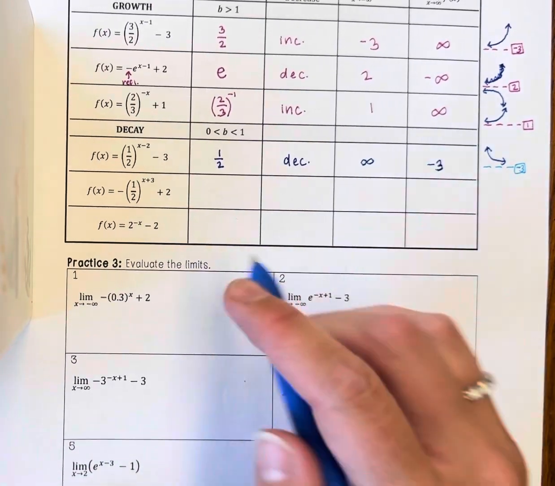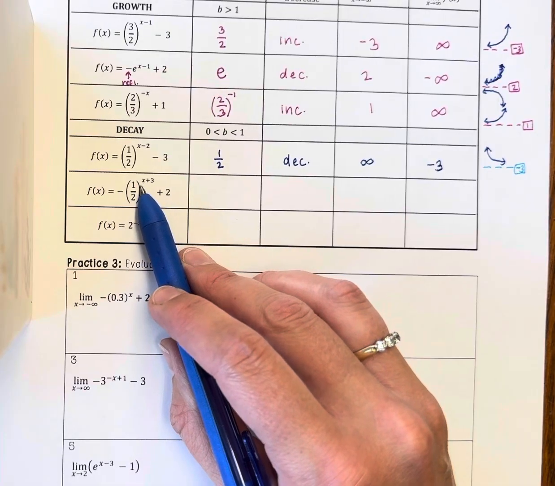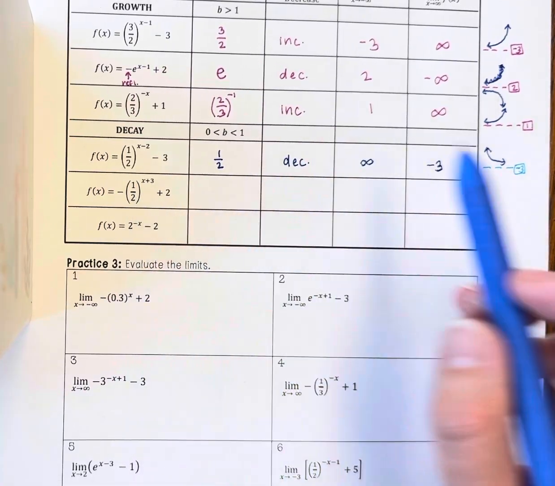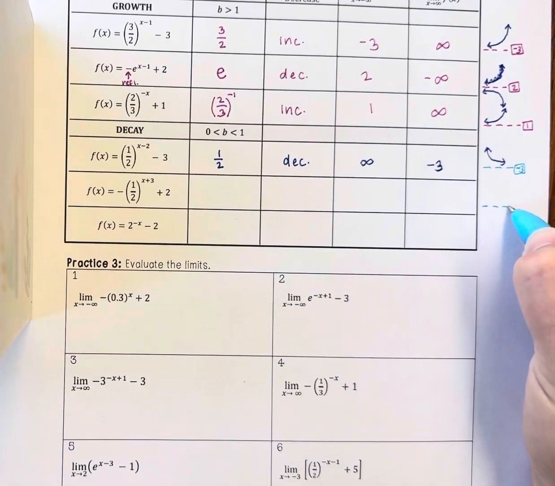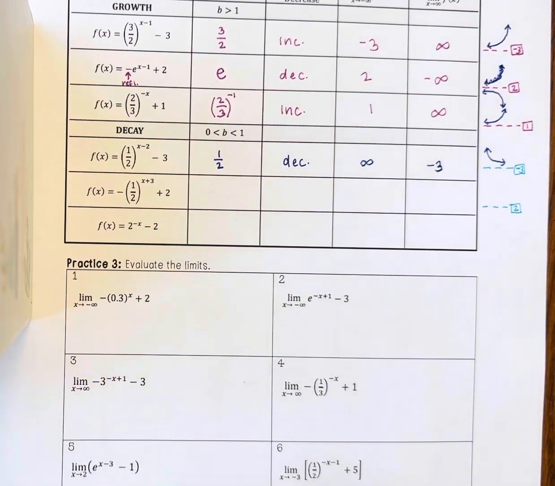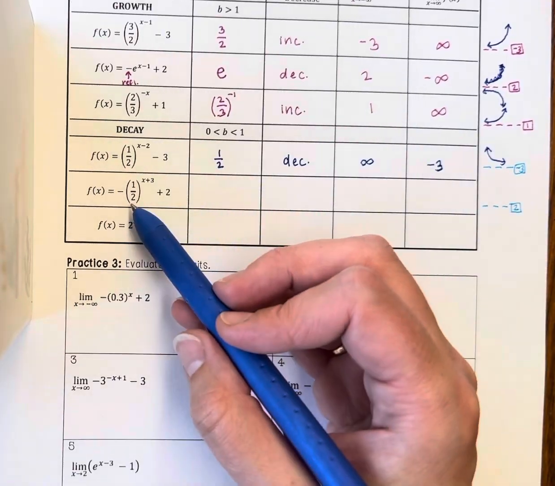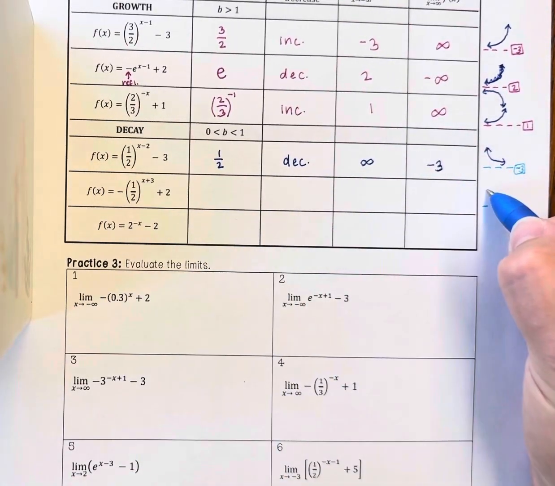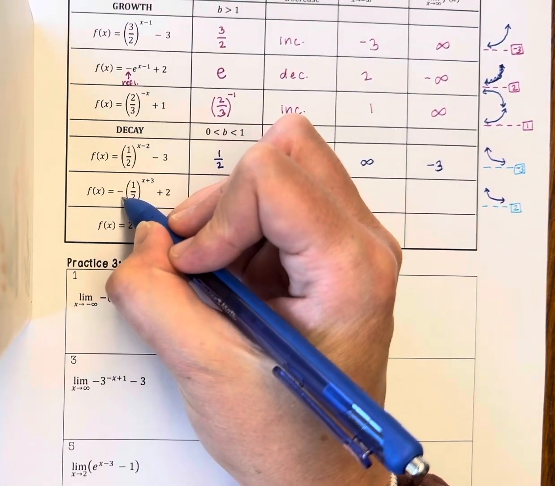For the next one, I have 1/2, again, to the x plus 3. So I've got a positive exponent here, so it's just going to be an exponential decay graph. And the asymptote is at 2. I'm going to do what I did up here. I know this was a mistake, but I'm going to do it anyway down here. So 1/2 would really mean I'm going to do a decay graph, right? But that's actually not the graph that we're looking at because the graph is a reflection.